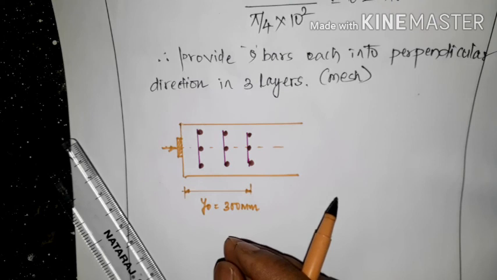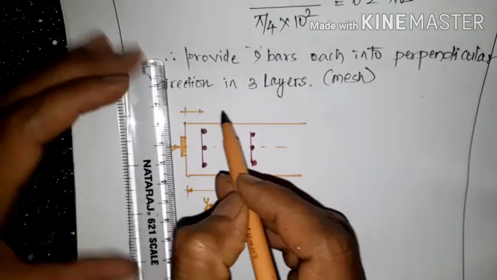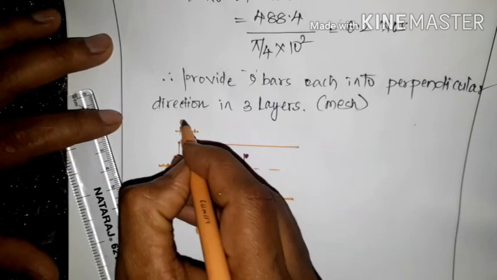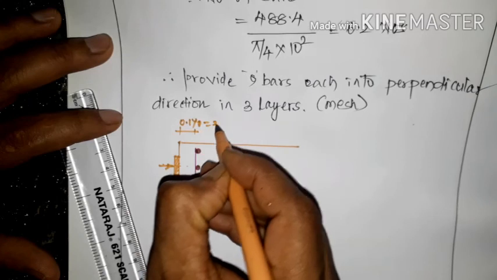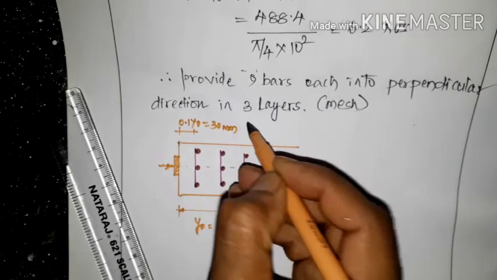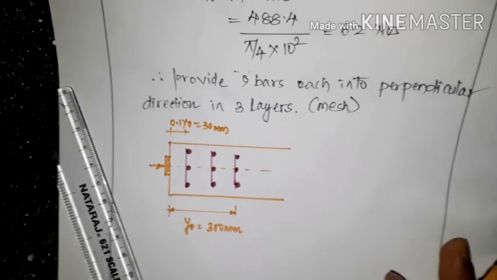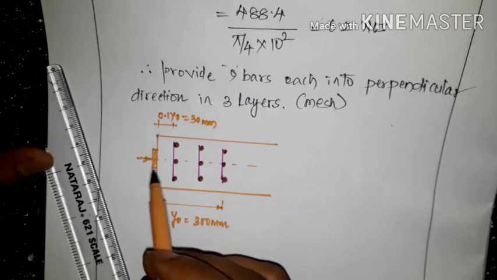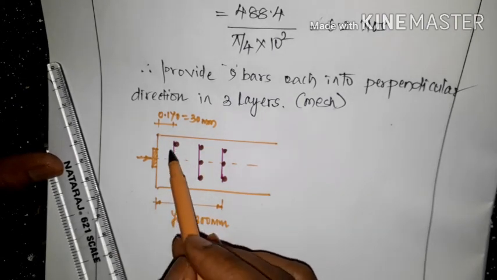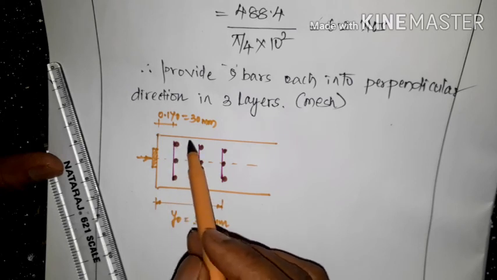Then the first bar should start at a distance of 0.1 y0, that means 30 mm. Okay, understood? So here, how do these bars look? You can see it is an elevation. So in elevation, vertical bars we can see only one, but the horizontal bars are dots.